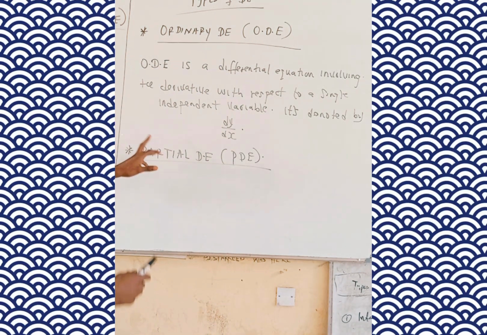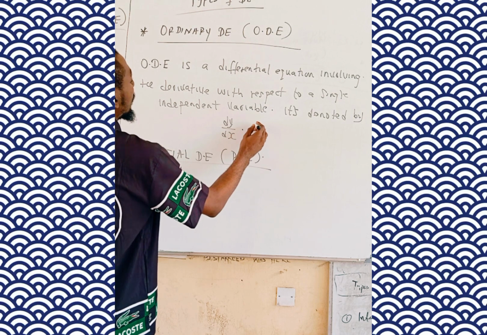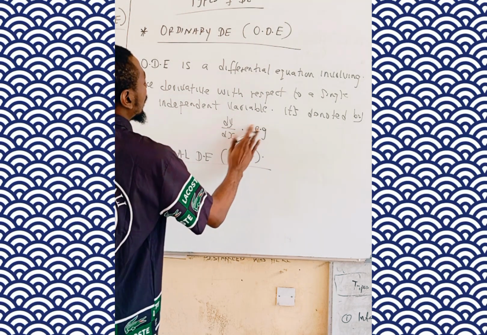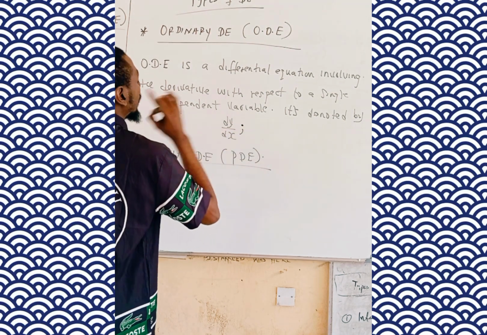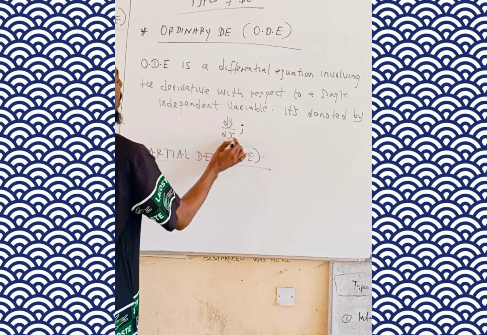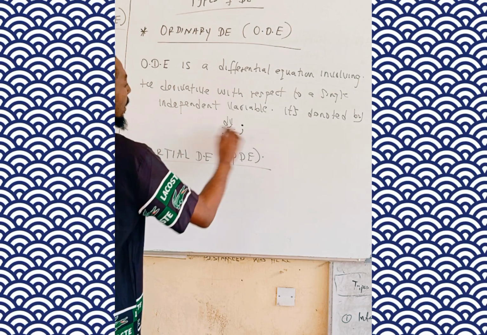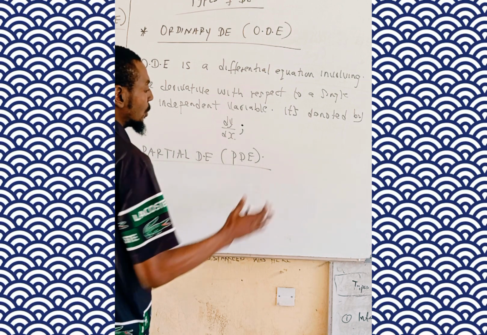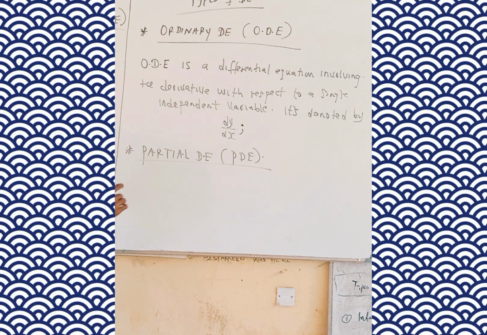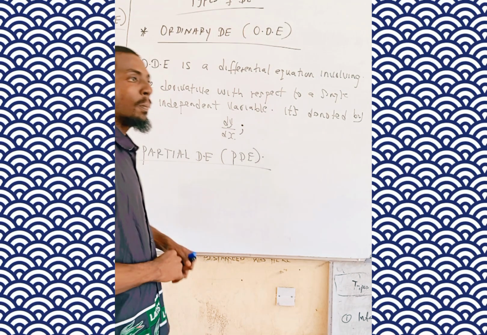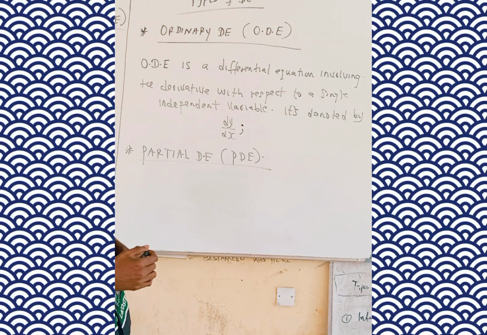As you can see, let's see an example. You can see the single independent variable is always with respect to x alone, and I'll give an example after this definition. We already talked about partial differentiation as the differential equation involving the partial derivative with respect to more than one independent variable. The example will tell us what we mean by more than one independent variable.